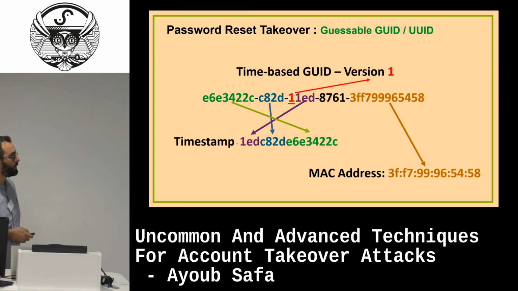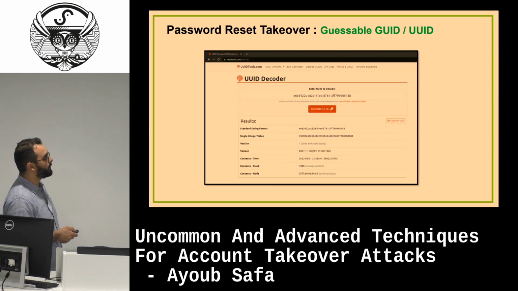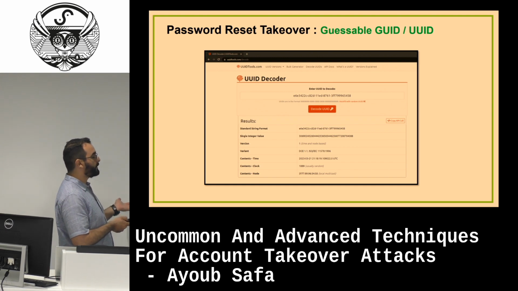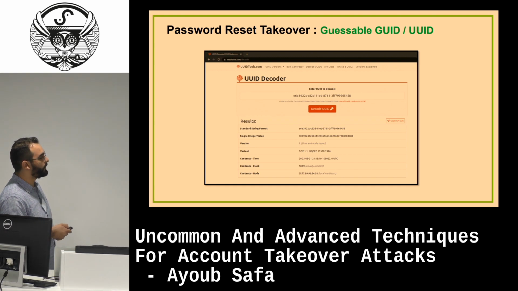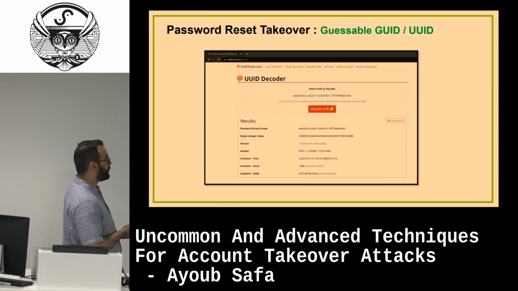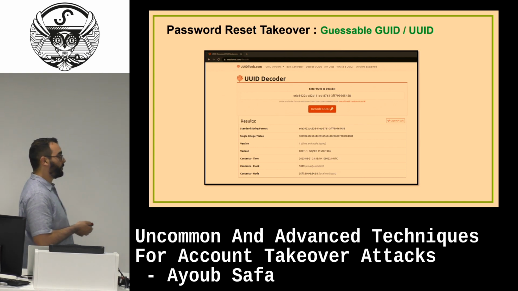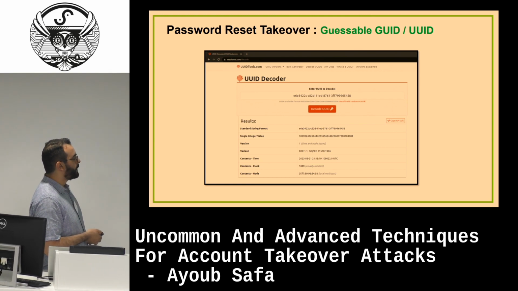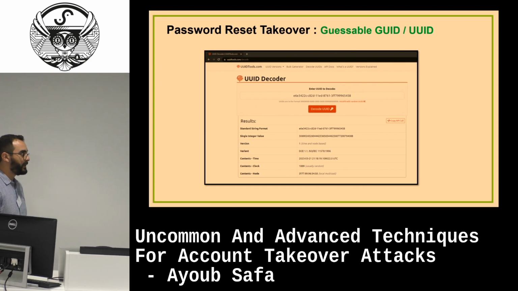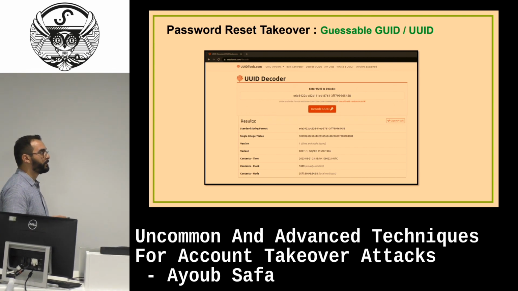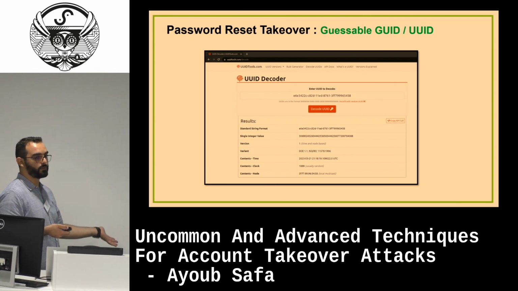There are some open source services where you can just put in a UUID and decode it to get back information about the host from which this token was generated, the timestamp, and also the node, which represents the MAC address of that host. Since this version is guessable, we can then guess other users' tokens.